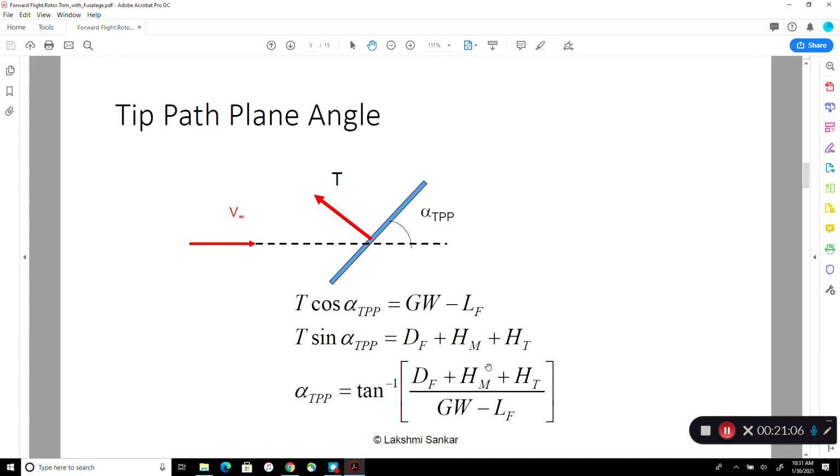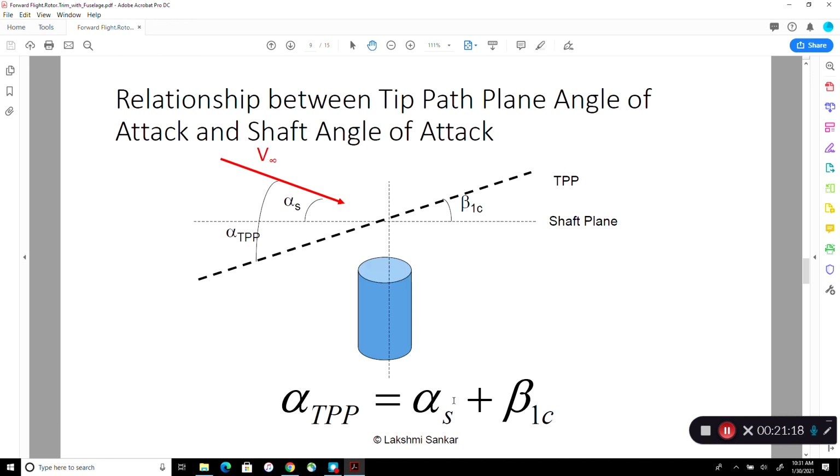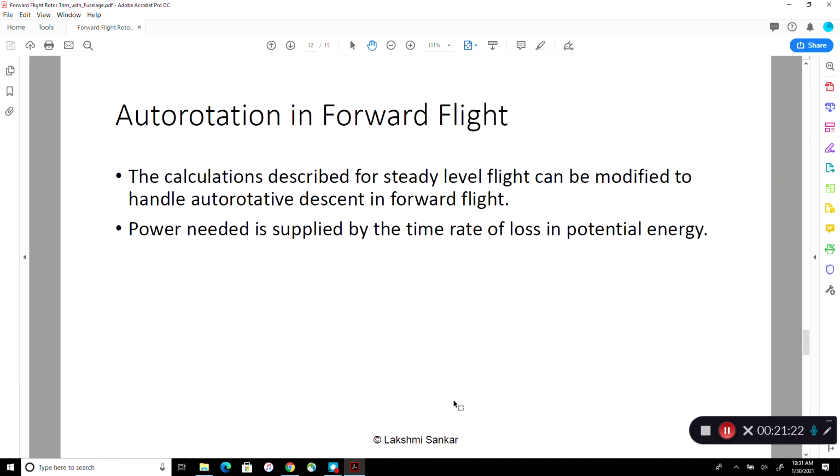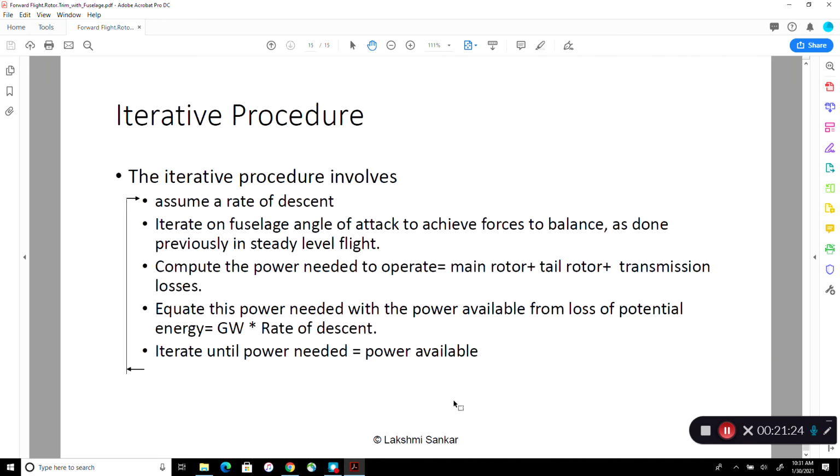Okay. So this is what we had done before, but now you have a gross weight sine chi term, gross weight cosine chi term in here. Other than that, the process is very similar. So this iterative process is done. So assume a descent rate, then iterate on the fuselage angle of attack like we saw earlier.